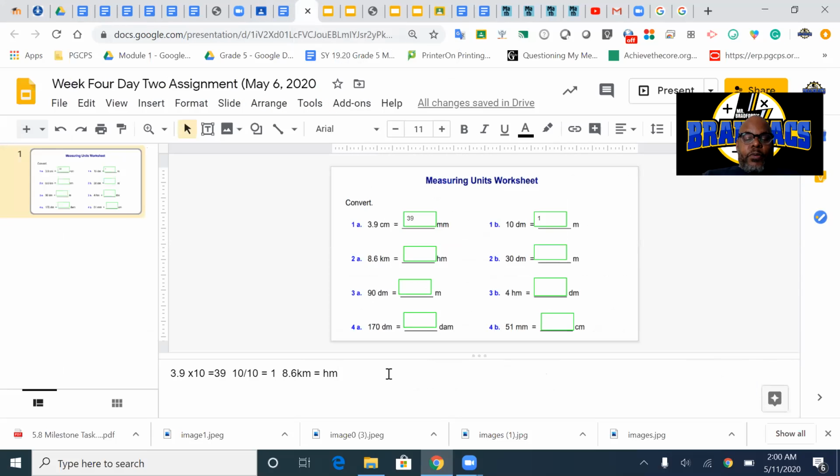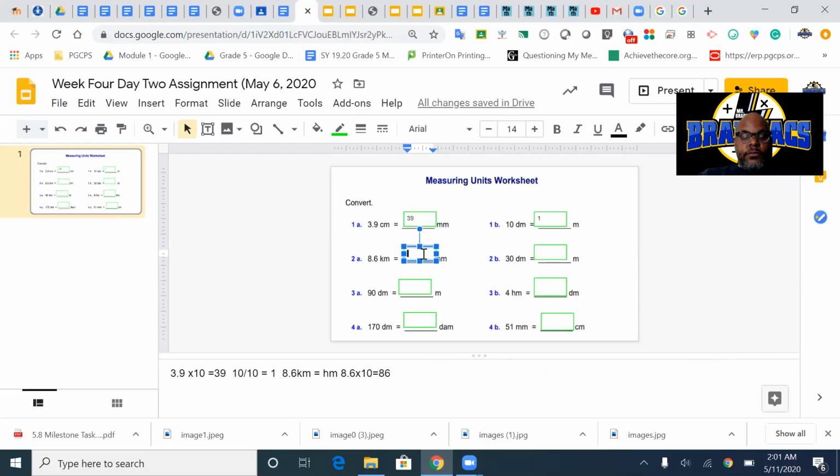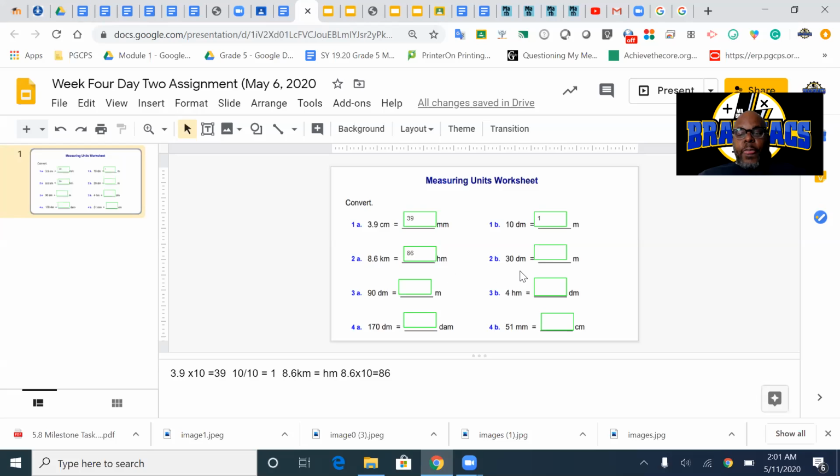So if we go 8.6 times 10, it means we're moving the decimal one place over equals 86. Great job.